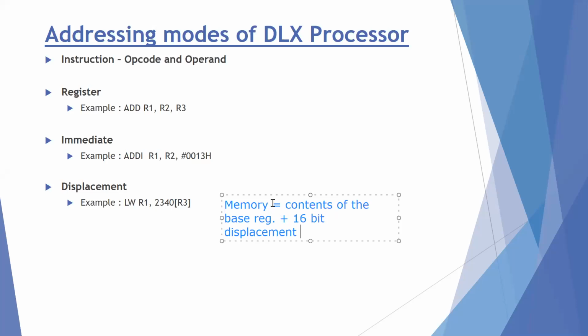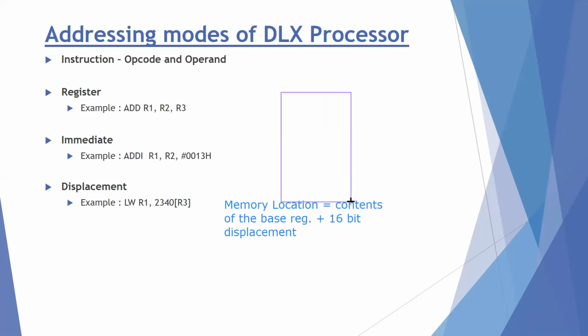The address of the total memory location that is formed from this, we will access that memory. Okay, so if we access memory, suppose this is the memory, maybe this location, right? And say this location will be identified as 2340, sign extended and added to the contents of R3.